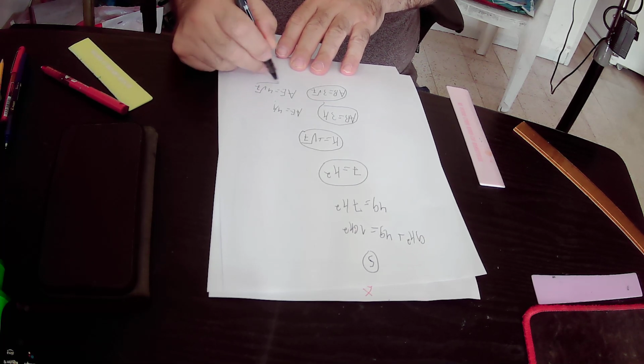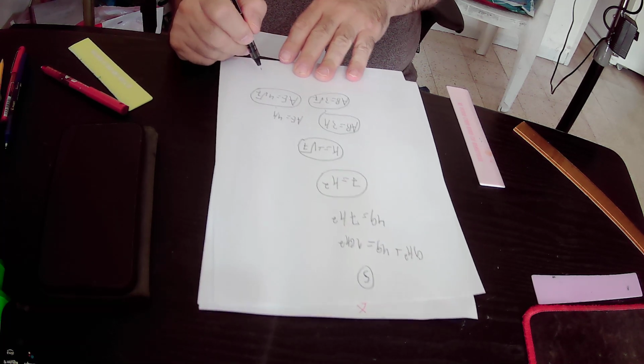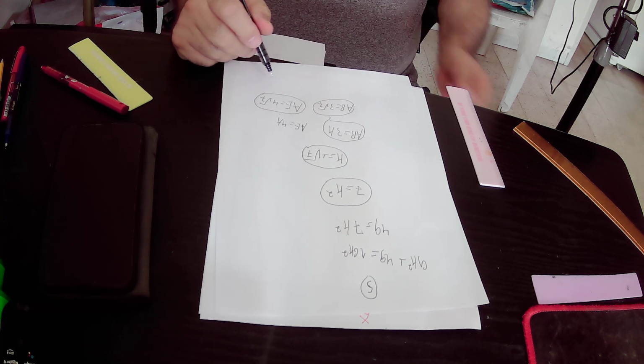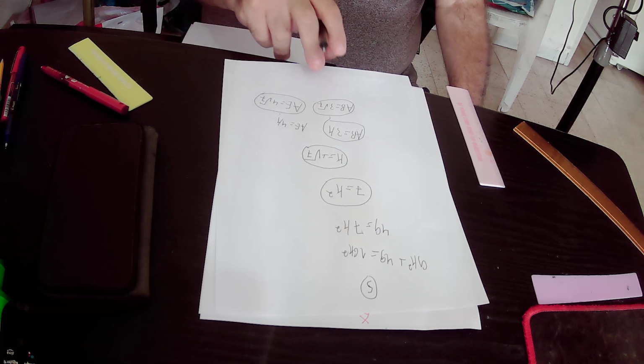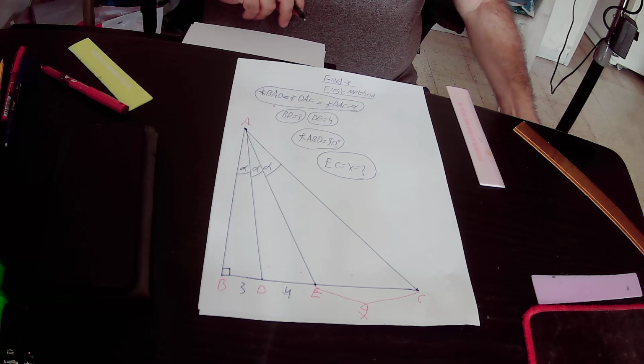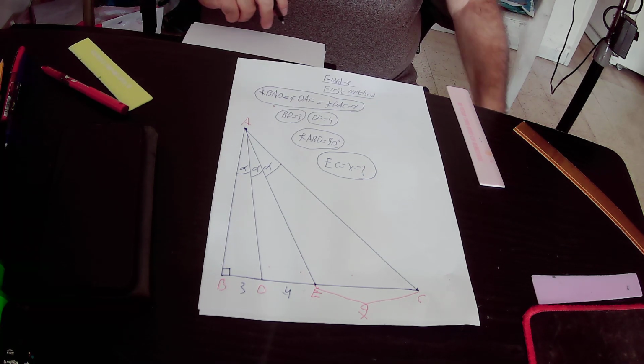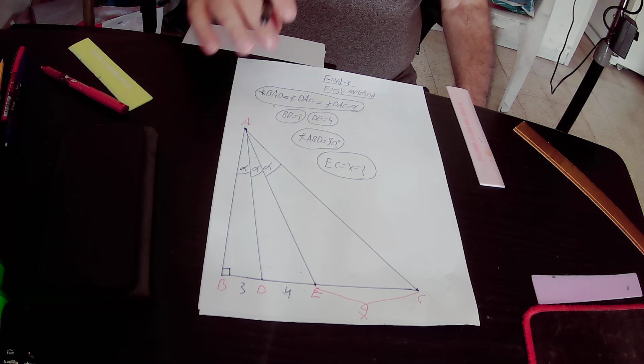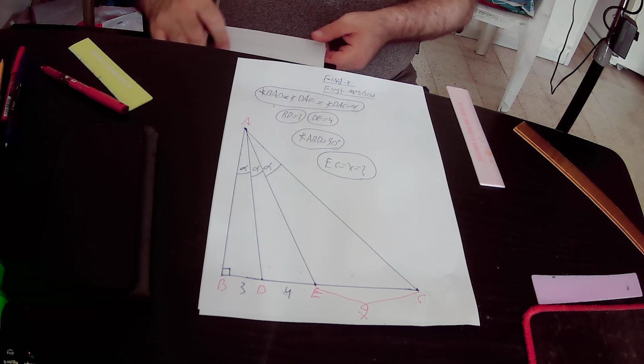So we actually found out the values of AB and AE. Okay, so in the next step we will focus on the right triangle ABE.